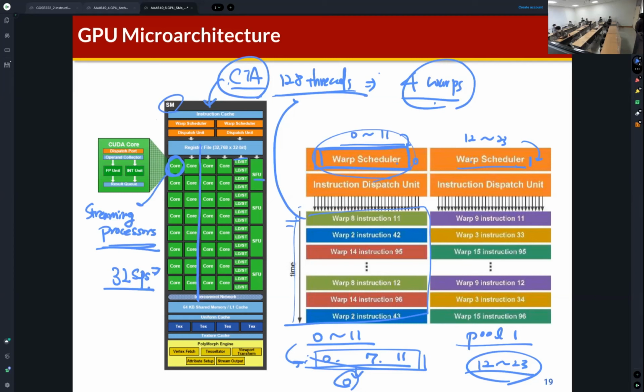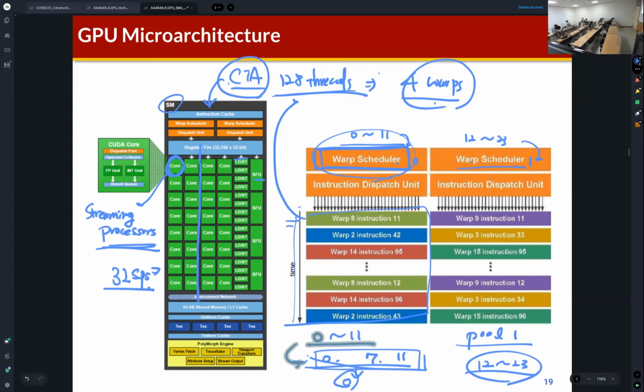Based on the specific warp scheduling algorithm, a warp scheduler selects a warp from the ready warps. In this case, we can select 0 by some priority. If 7 has the higher priority, the warp scheduler will select 7 from the ready warps.